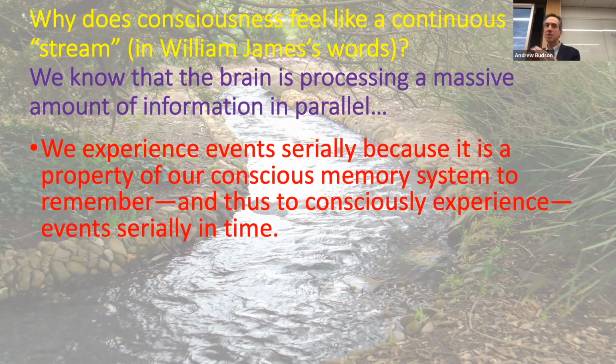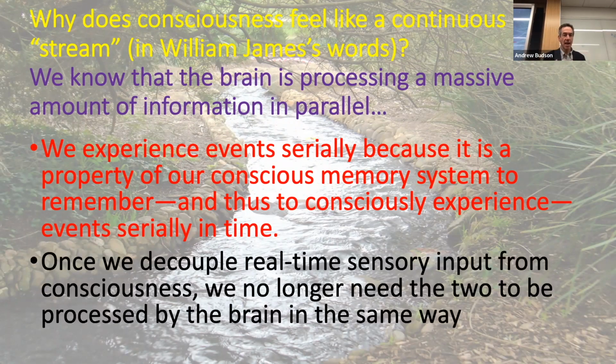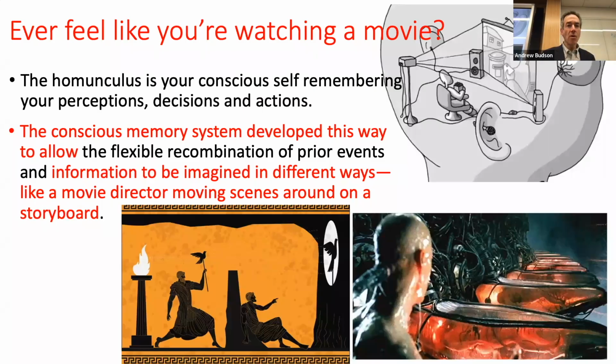It timestamps things and puts them in this logical order so that we can understand it. And once we're sort of decoupling sensory input from consciousness, there's no reason the two need to be followed in the same way. Now, why is it that consciousness is time-stamping things in order?